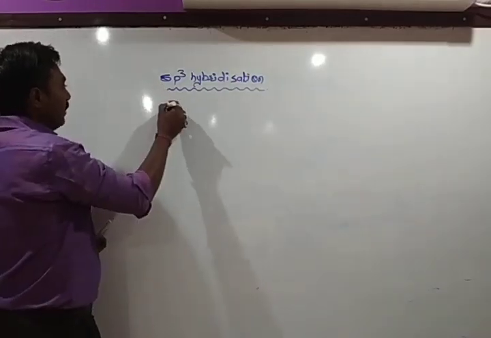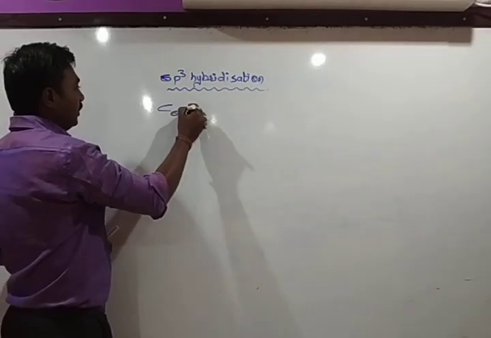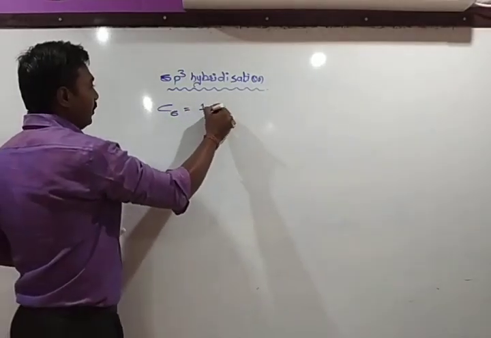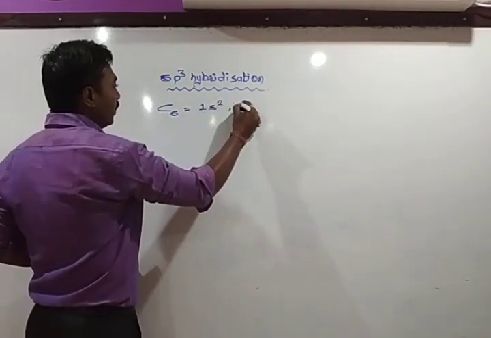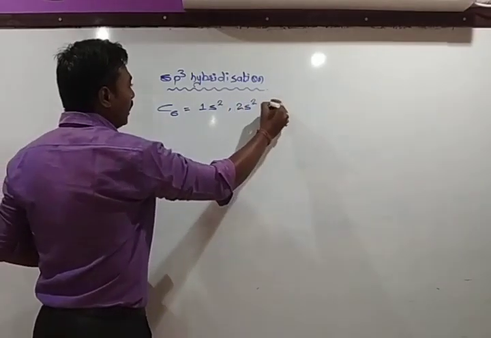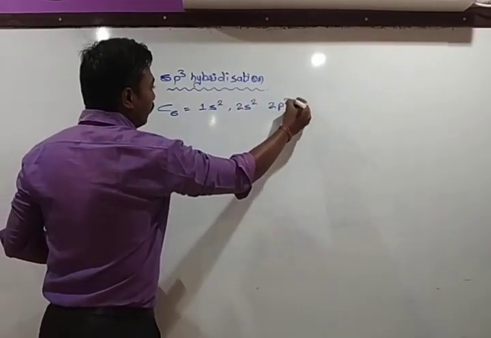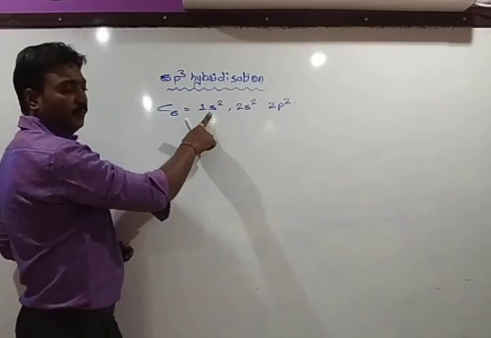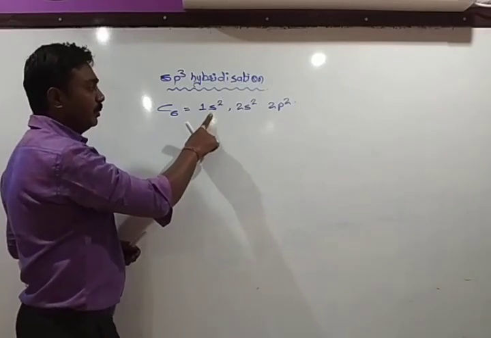Carbon has atomic number 6. Hence, its electronic configuration will be 1s2, 2s2 and 2p2. Two electrons are present in the s orbital of the first shell.